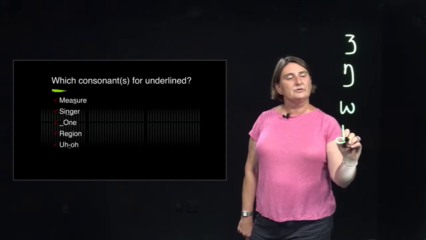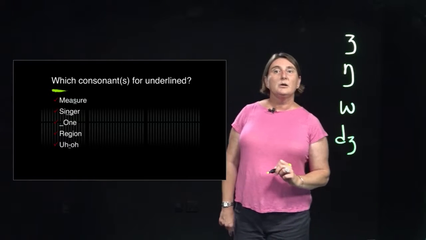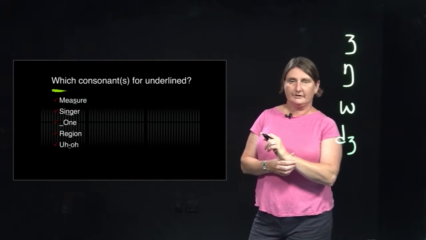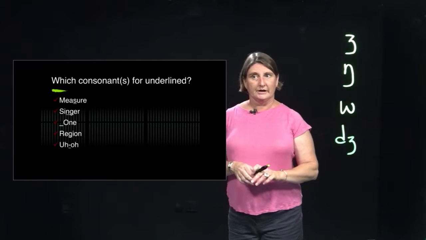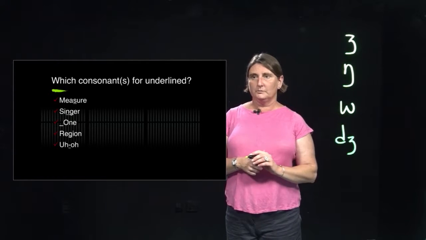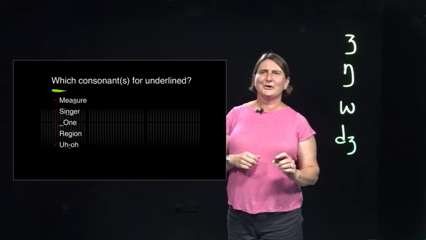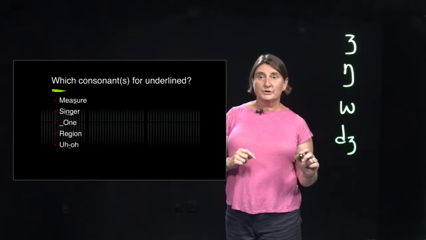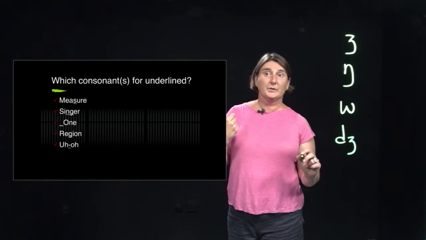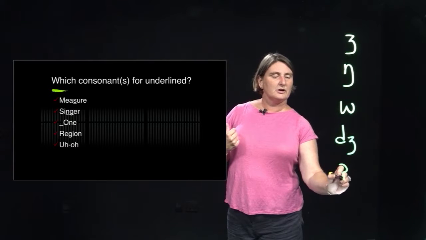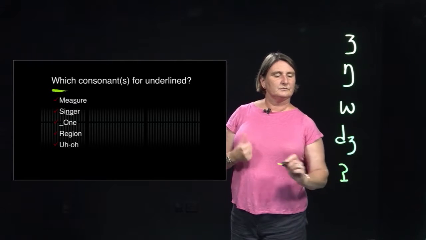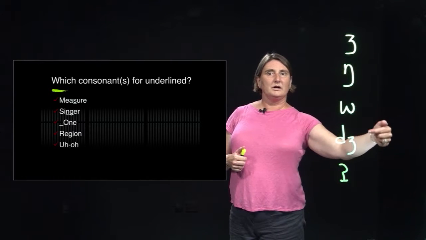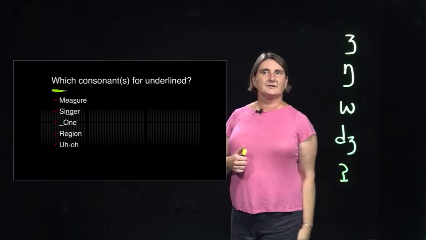So for region, we would use this dzh symbol because it includes both the d part and the zh part together. Then our last word here is uh-oh, and I kind of gave this one away in the previous slide, but if we want to indicate the sound in between the two halves of uh-oh, also at the beginning of uh-oh, we would use our glottal stop. So we've got the zh, the ng, w, dzh, and the glottal stop.